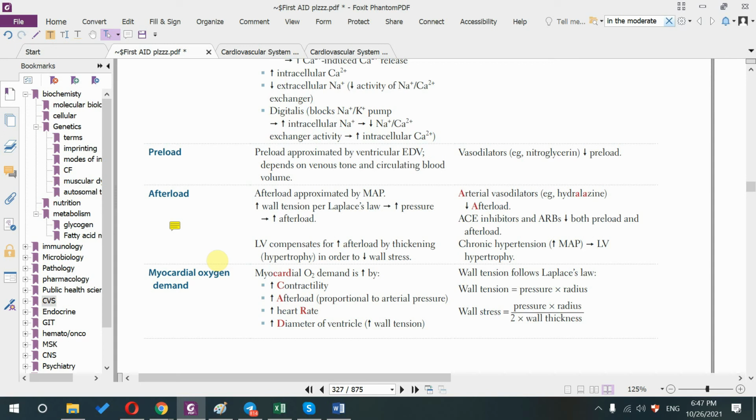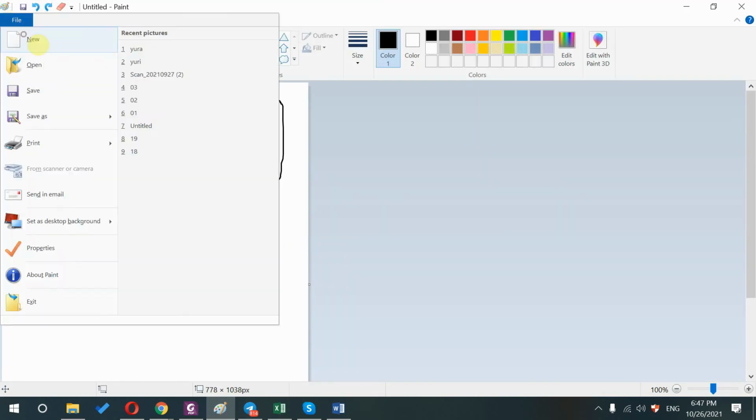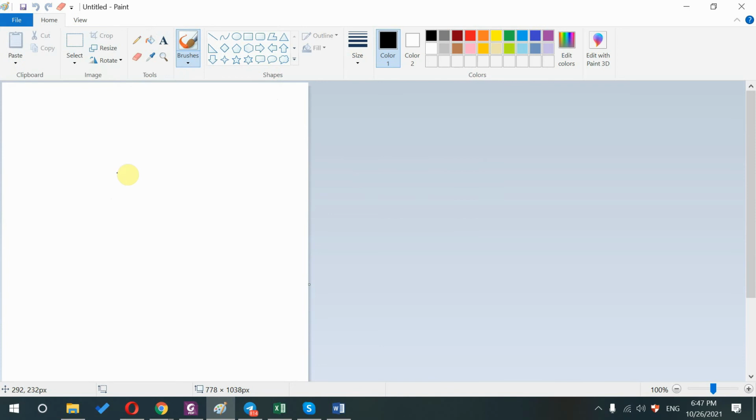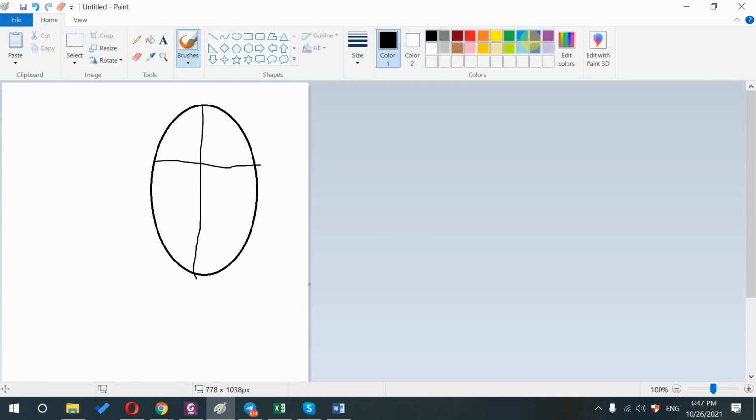What about venous tone? Venous tone is actually important. Take a look, guys. So in case of venous tone, it goes something like this. So if this is your heart, chambers. So this is superior vena cava, inferior vena cava.